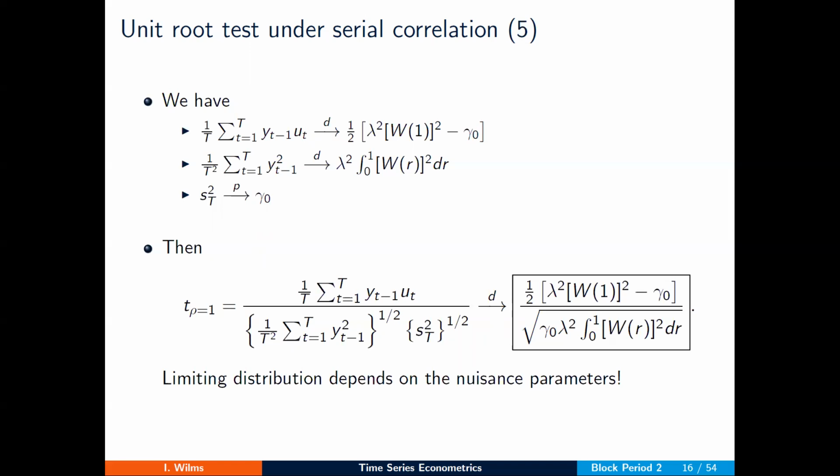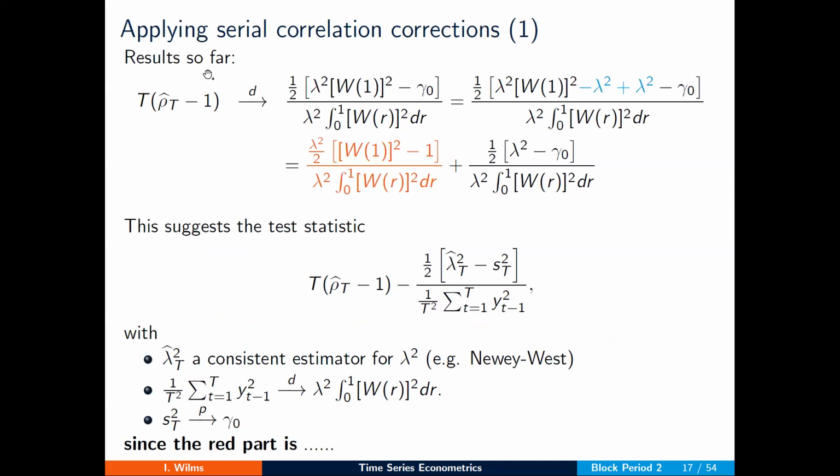What can we then do instead to arrive at a test statistic that is free from nuisance parameters? Well, let us start with this test statistic over here. And let us start from the limiting distribution of this test statistic that we have obtained.